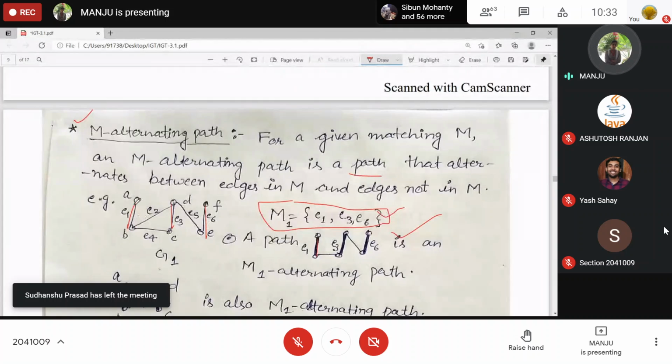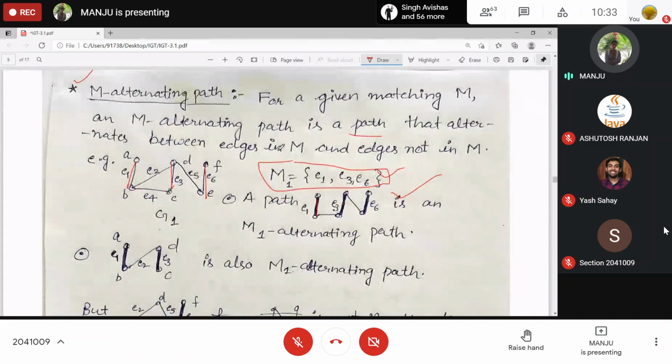So containing E2, you can take E1, E2, E3. This will be your M alternating path. This path alternates between the edges of M, one edge from M, one not from M.